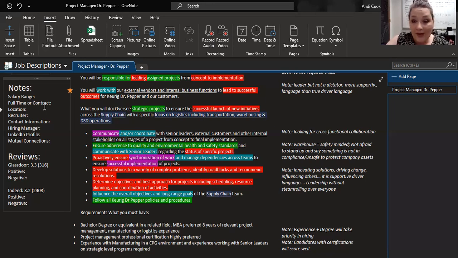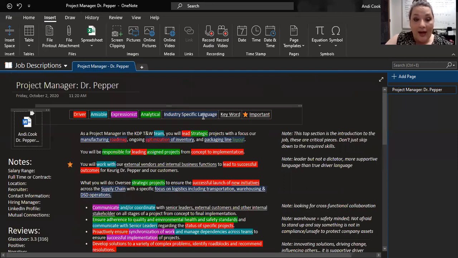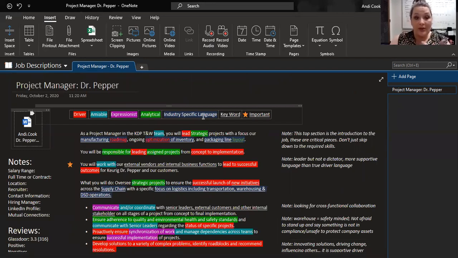So let's dive in a little bit into the language on this resume. I set up a key. There are four main personality types that I utilize in job seeking. These would be the driver, amiable, expressionist, and analytical. So the drivers are your type A, go-get-it-done people, not necessarily type A, but more often associated with that.